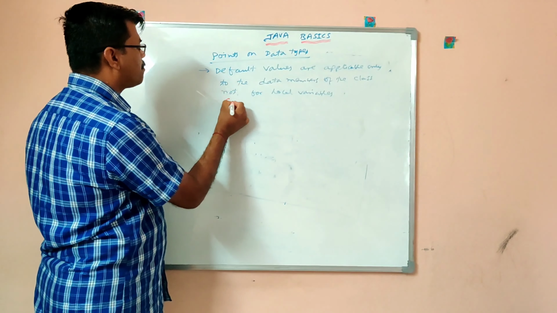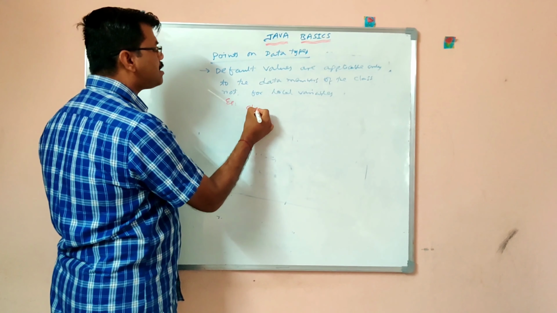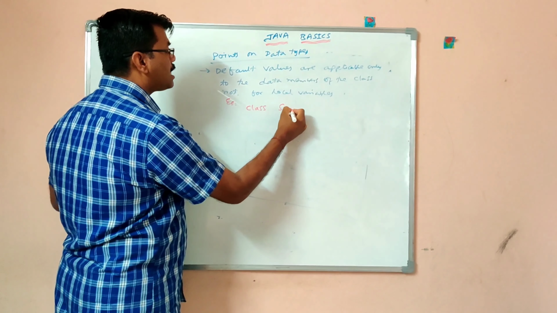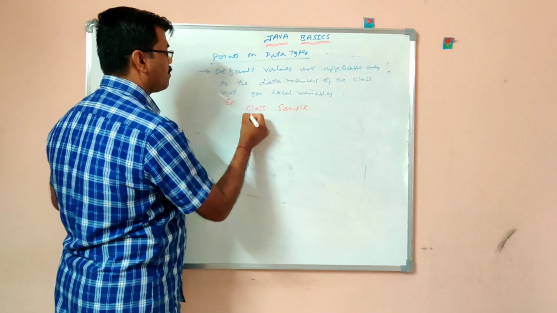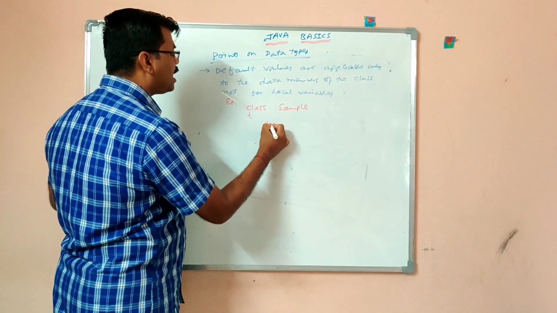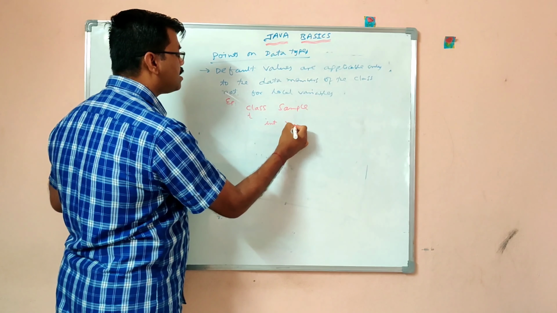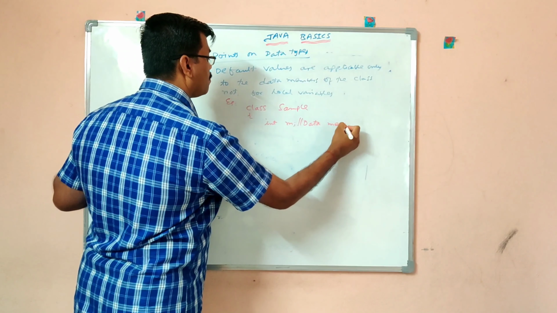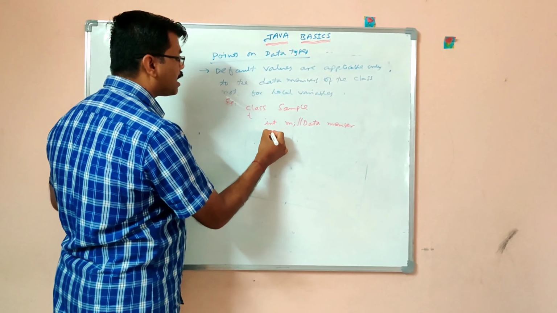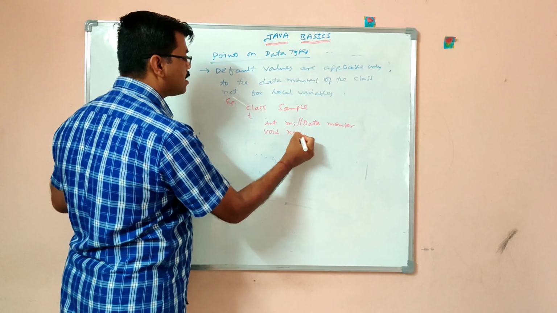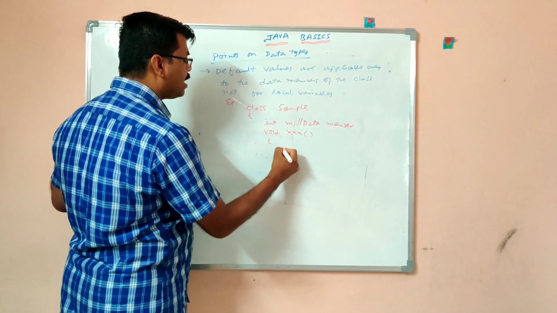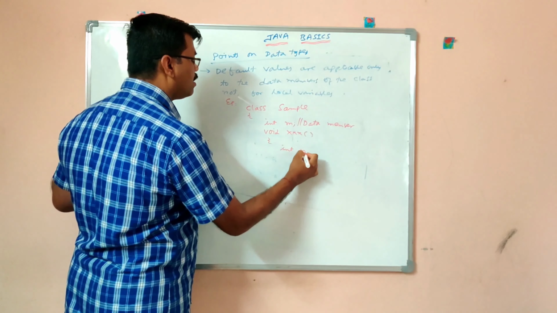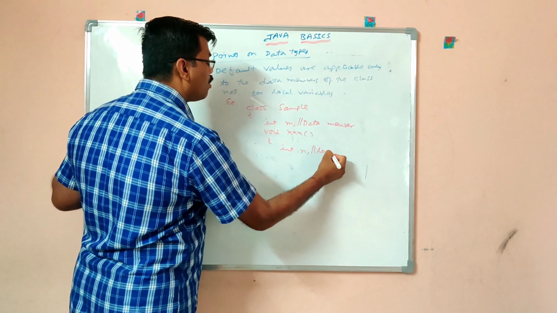For example, if you take a class like sample, and if you are declaring any variable inside this, we call it a data member. And if you take a method like void xxx, inside a method, if you declare any variable, we call it a local variable.